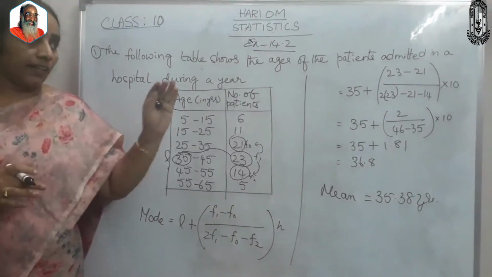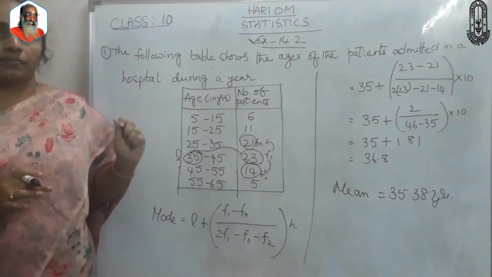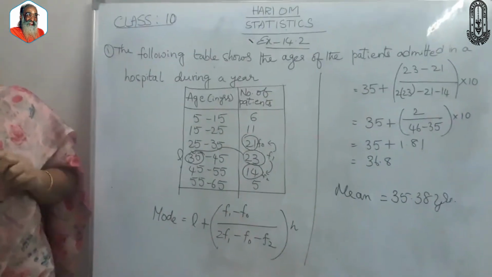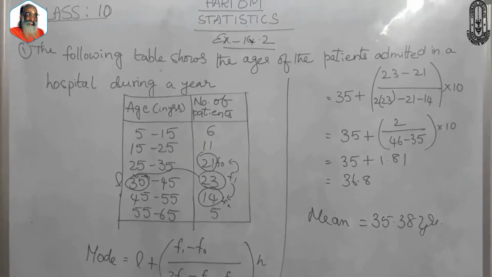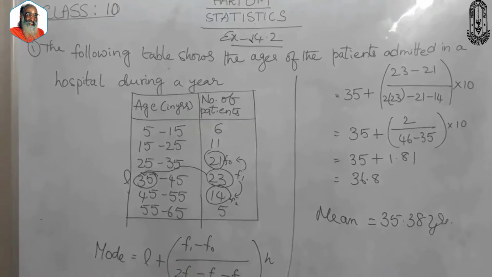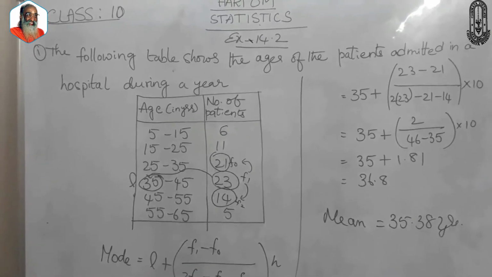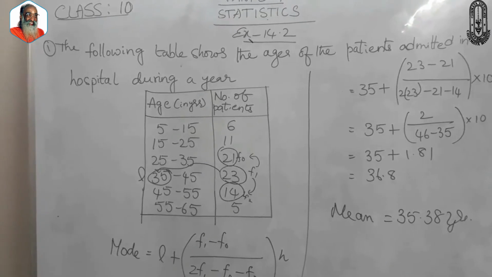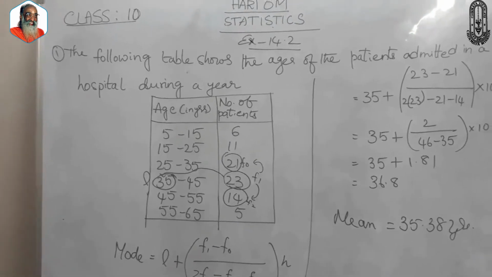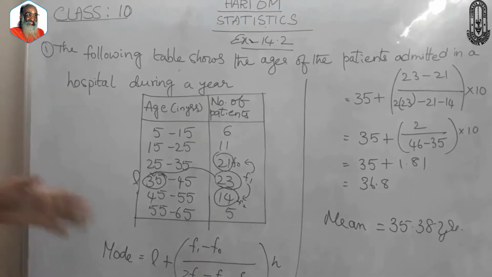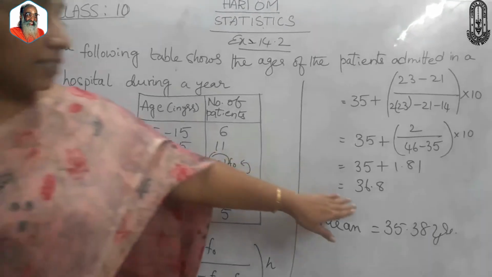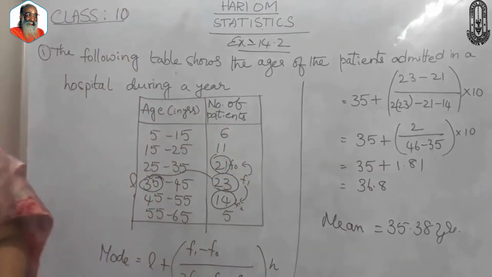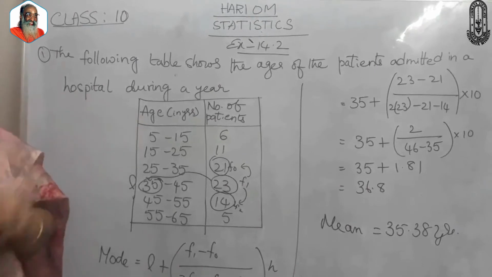Next, interpretation of this mode. Here the mode of this data is 36.8, meaning the age of the maximum number of patients admitted to the hospital was 36.8 years. That is the mode.